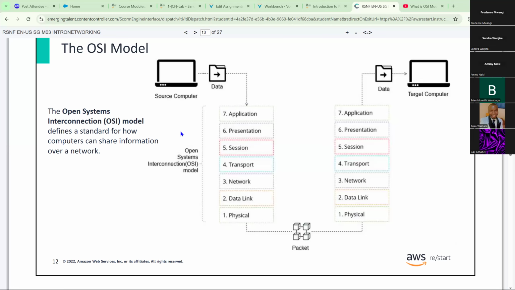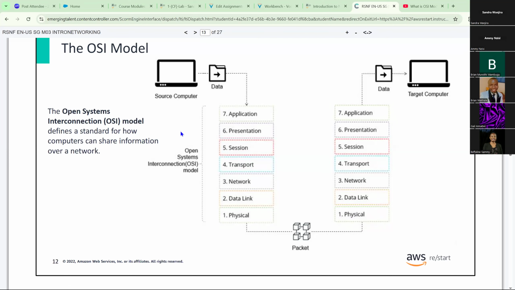So when we talk about the OSI model, we are saying that this is the Open Systems Interconnection model, which defines a standard for how computers can share information over a network. And the OSI model has 7 logical levels, from 1 to 7.